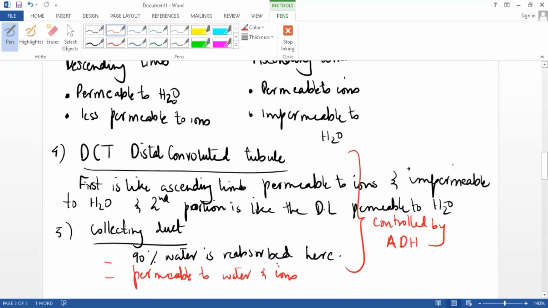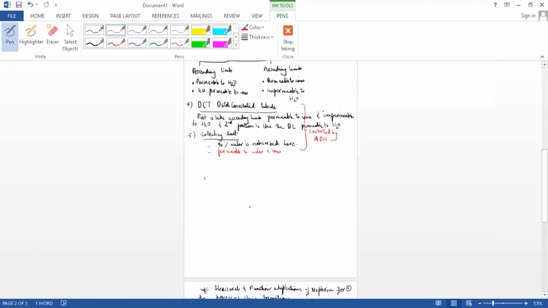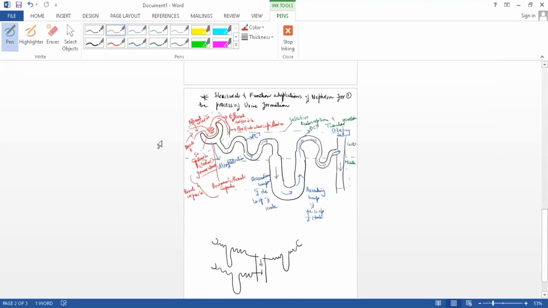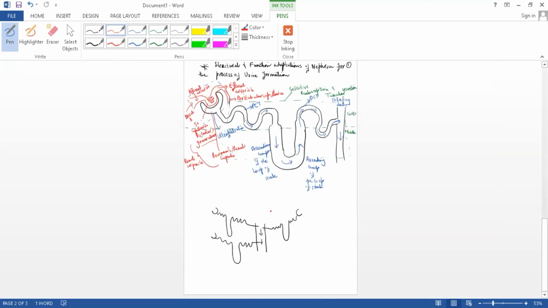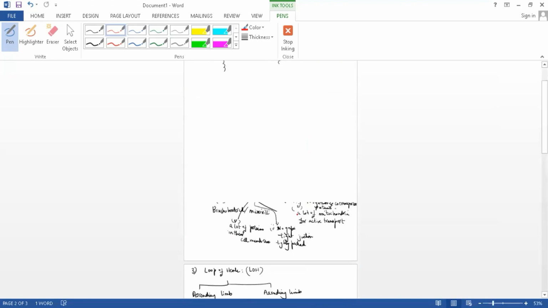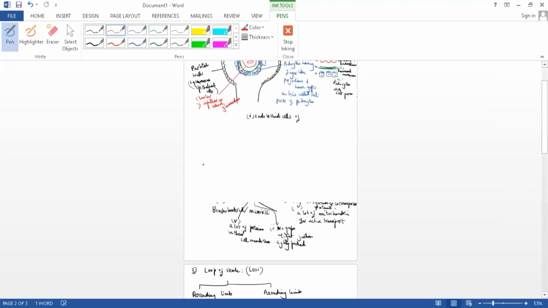So beta, these are the adaptations of different parts of the nephron. First, I drew the nephron and its different parts. Then I told you that each collecting duct collects urine from multiple nephrons. We will discuss urine formation afterwards. First, we needed to discuss the adaptations of each part of the nephron.